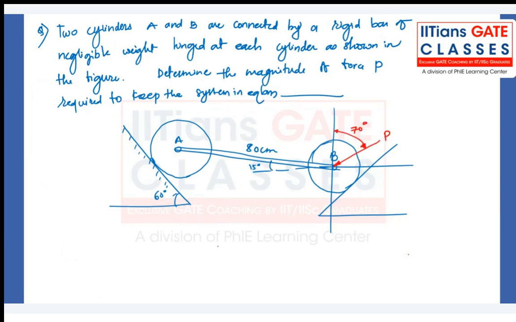WA is the weight of the cylinders A and B. WA is 600 Newton.